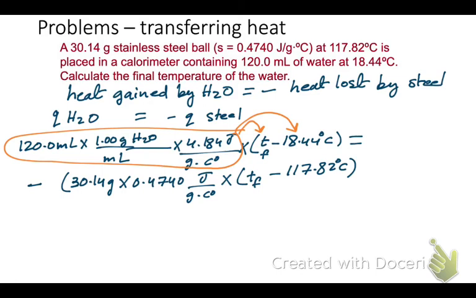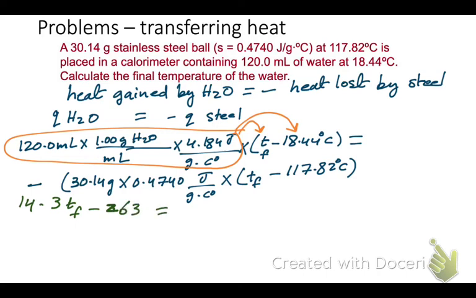So mathematically that should look something like, if I have 30.14 times 0.474, that will give me 14.3 T final, and then you multiply that number by 18.44, negative 263, equals 2.